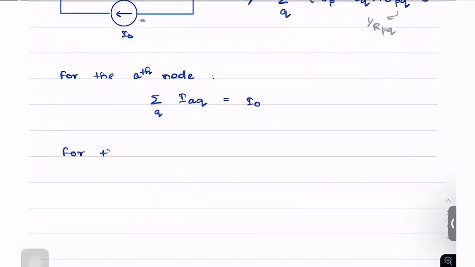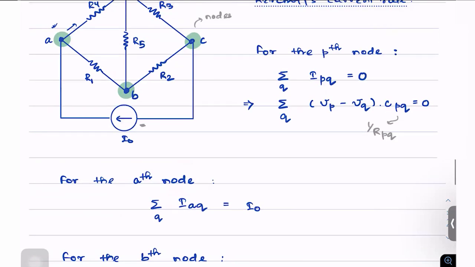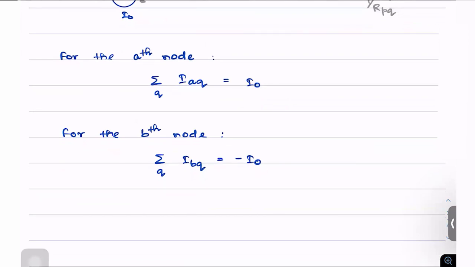For the bth node, the summation of I_BQ, where Q varies over all the branches connected to B, is minus of I naught. Why? Because whatever is the direction here, it's the reverse direction here. So we write it as minus I naught.